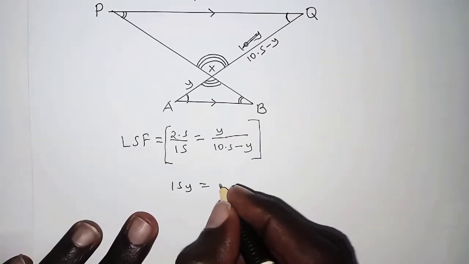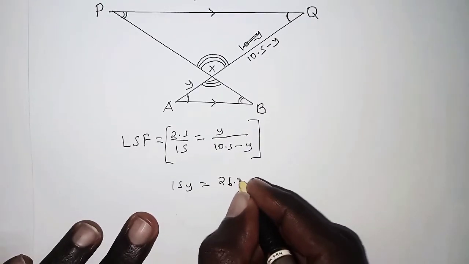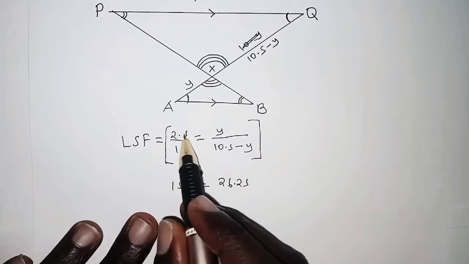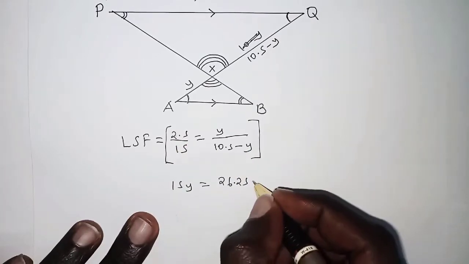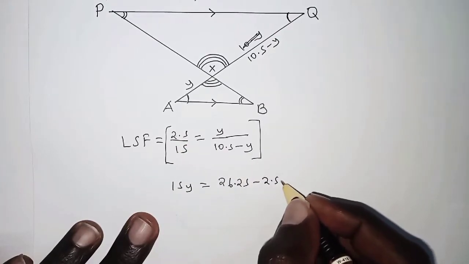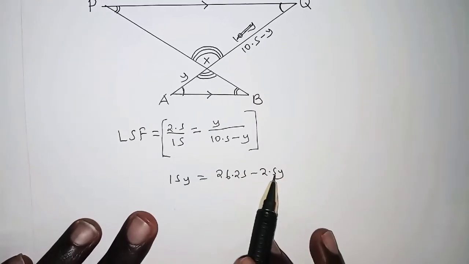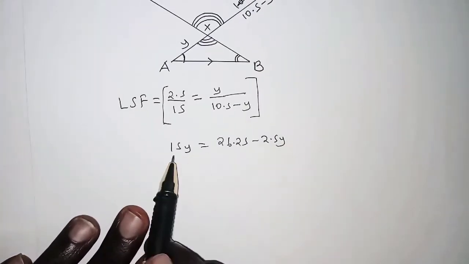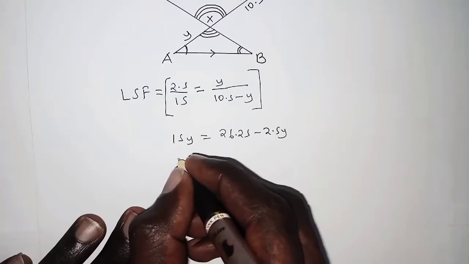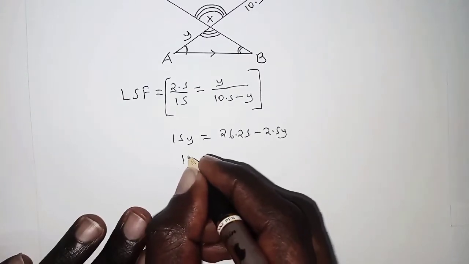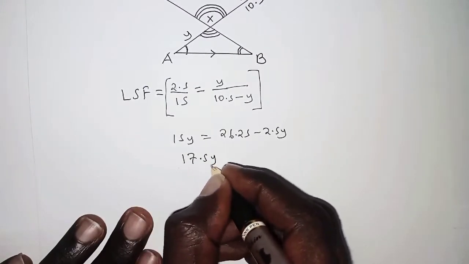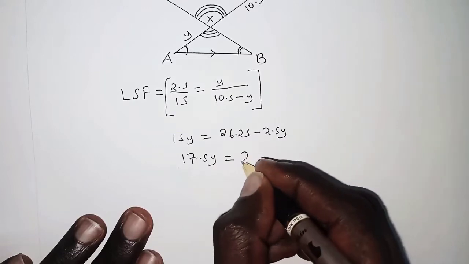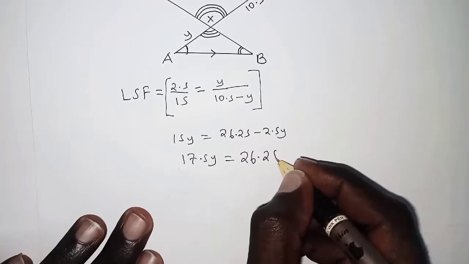That should be 26.25, and then 2.5 times negative Y, that is negative 2.5Y. So when 2.5Y comes to this side, we add it to 15Y, and that gives us 17.5Y, and then on the right hand side we have 26.25.